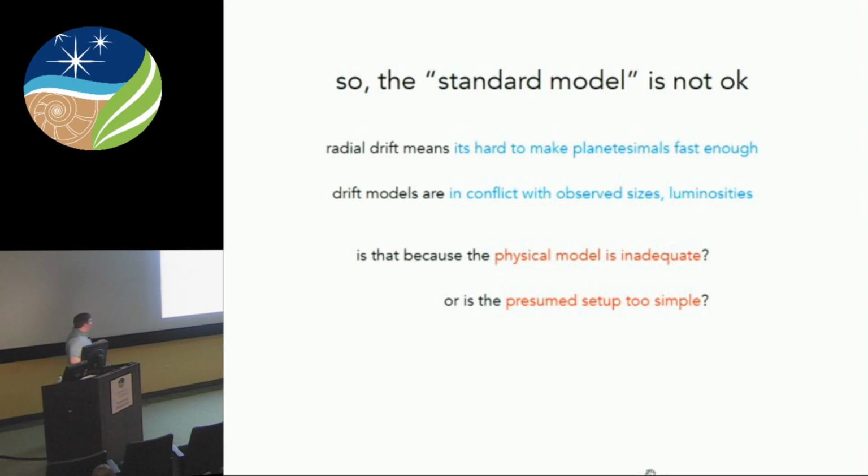And the other problem is that the drift models are actually in conflict observationally with the size luminosity distribution. And that's actually been known theoretically for a while, way before there are observations, that you actually can't even get the right luminosities, which is what I was showing in that plot, for these things, because you don't have those pebbles distributed to large enough radii.